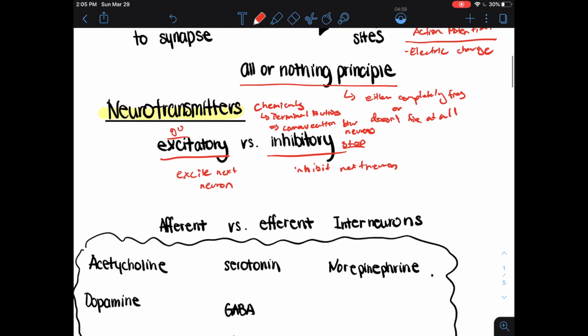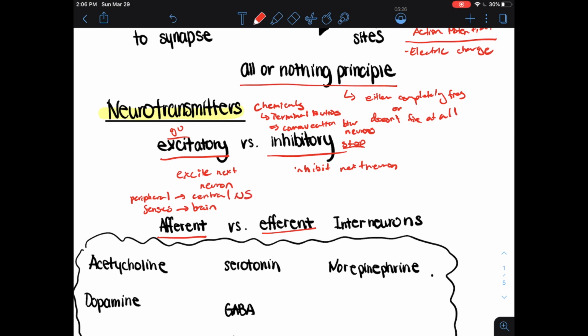So if you want to think about it, excitatory makes the next neuron go, the inhibitory makes the next neuron stop. And then there is another classification for neurons, where we can either call them afferent neurons or efferent neurons. So afferent neuron takes information from the senses to the brain. So as you will learn later on, this takes information from your peripheral to your central nervous systems.